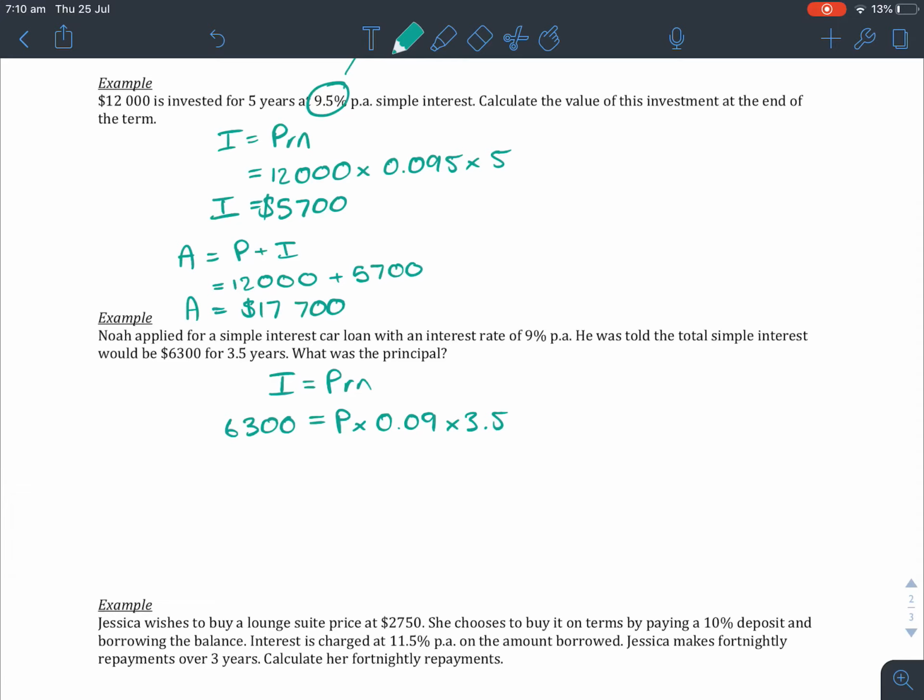What's the opposite of timesing by 0.09 and timesing by 3.5? Well, it's dividing. So 6,300 divided by 0.09 equals P. All right, calculators out.